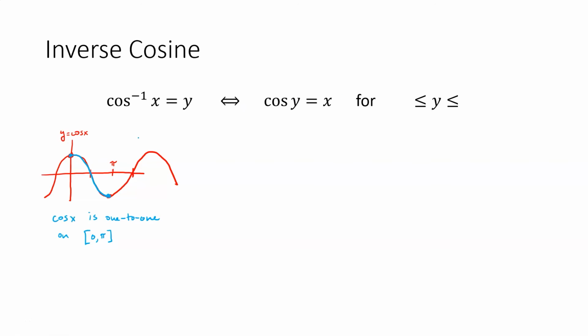So when we're defining the inverse cosine function, we're going to specify that its output values here will always be a value between 0 and pi. And that will ensure that we have a 1-to-1 function.